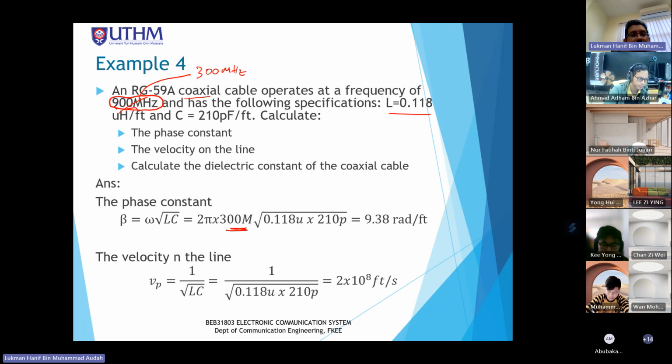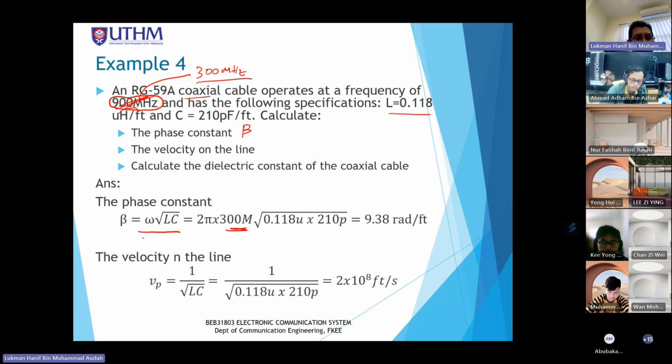So the first question asks you to find the phase constant beta parameter. Based on the previous example, beta is equal to omega times square root of LC, where omega is 2 pi f.